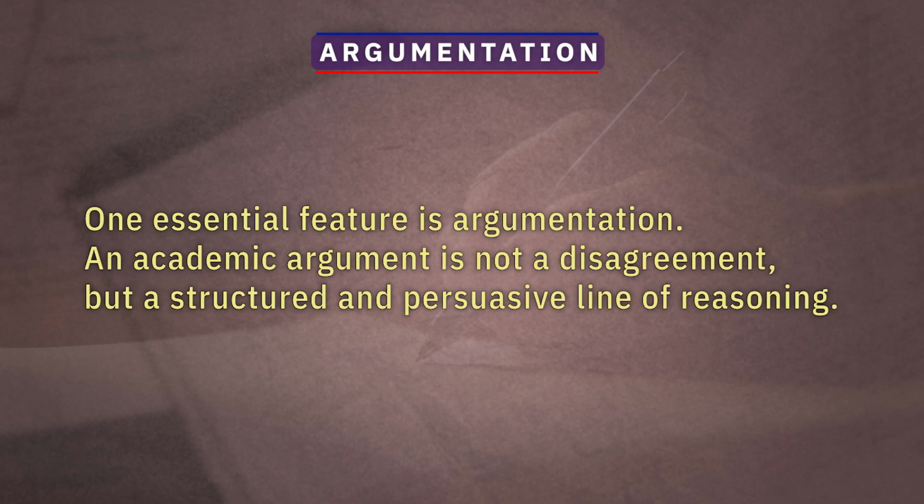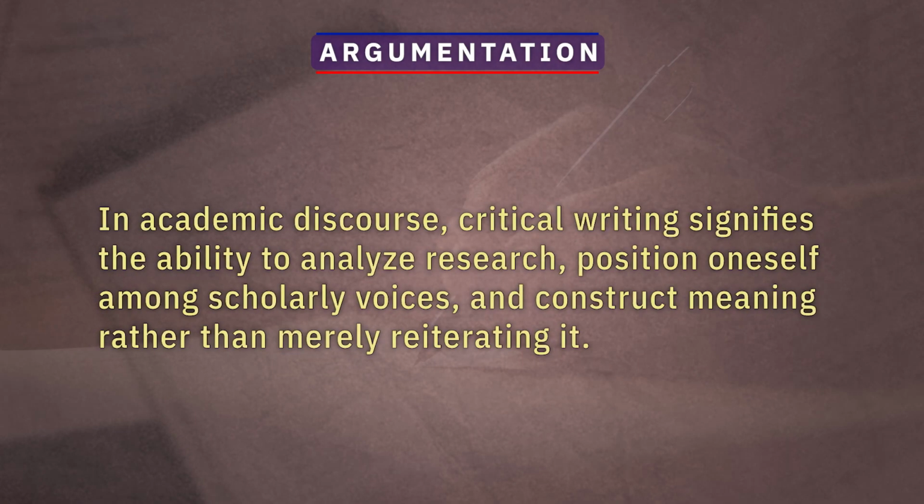And as I said earlier, an academic argument is not a disagreement, but it is a structured and persuasive line of reasoning. In academic discourse, you see, critical writing signifies the ability to analyze, research, and position oneself vis-a-vis the existing scholarly material or the existing scholarly voices.